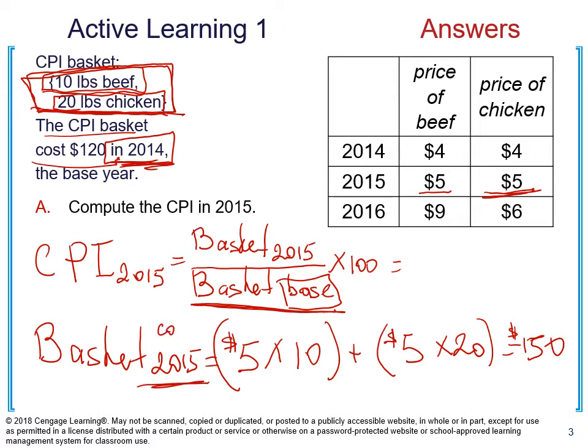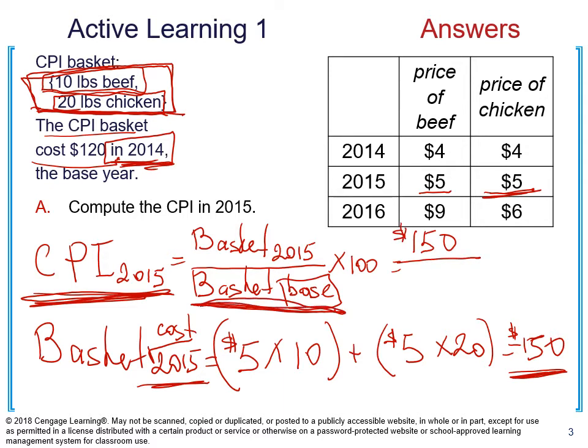Basket cost. I usually write it as basket, but you understand this is basket cost. After we calculate the basket cost for year 2015, what do we need to do? We need to plug it into this formula and calculate our consumer price index for year 2015. So we have the basket cost for year 2015. We just calculated it. It's $150.